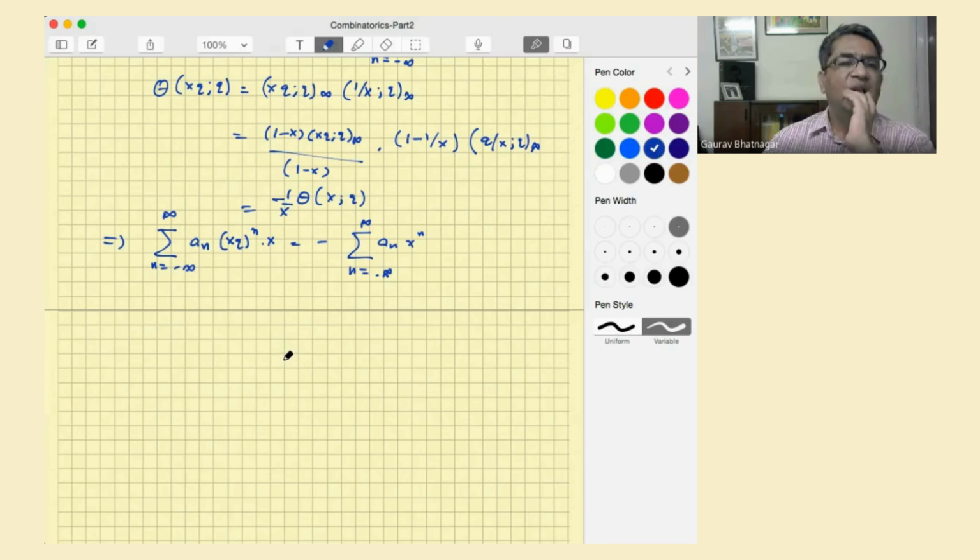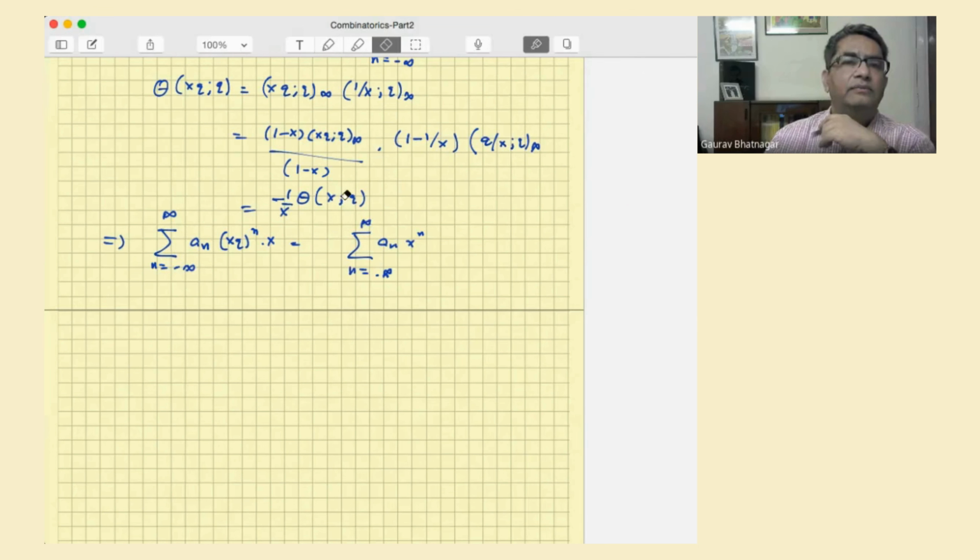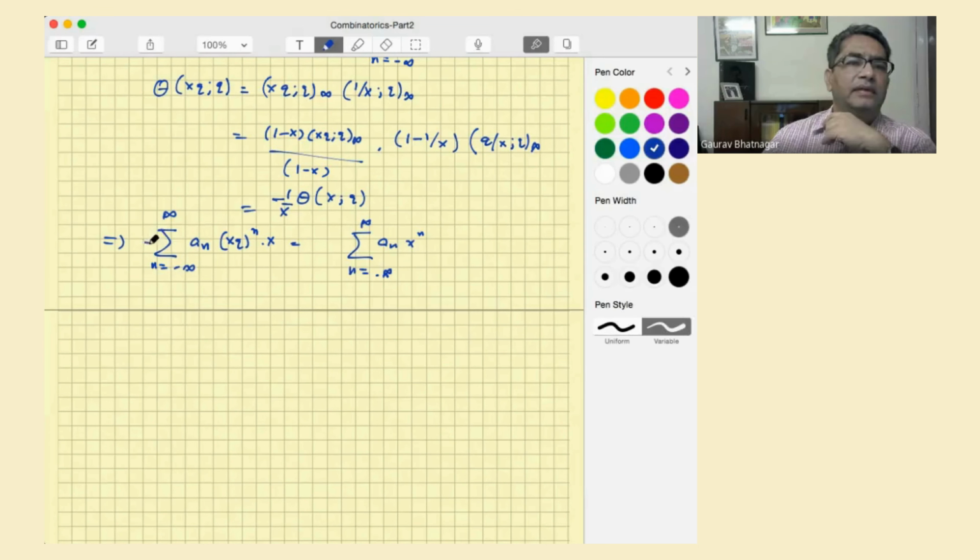It's fine. So in fact, why am I keeping the minus sign? Let me just move it that side. Now we compare coefficients of x to the n on both sides.